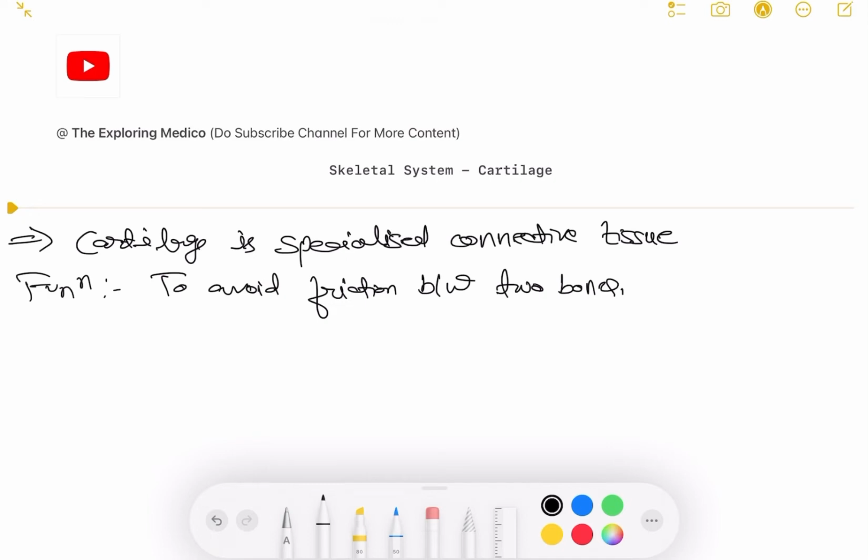Now if we talk about the composition of cartilage, it contains both. It contains what?